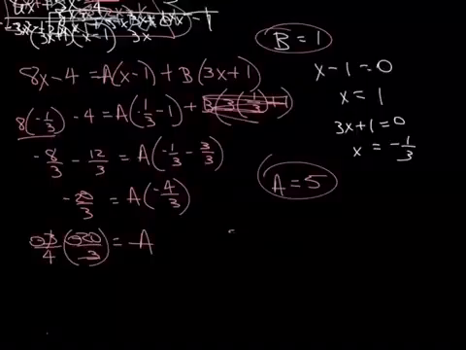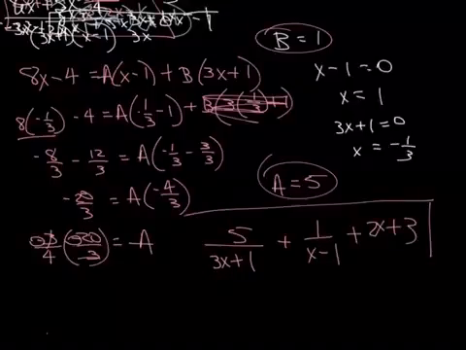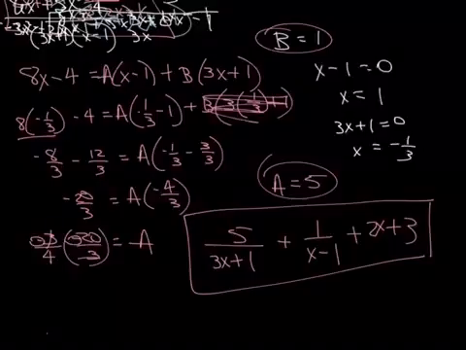So my decomposition is 5 over 3x plus 1 plus 1 over x minus 1. And I need to remember to add, and I forget to do this, my 2x plus 3 from when I divided that out way at the beginning.